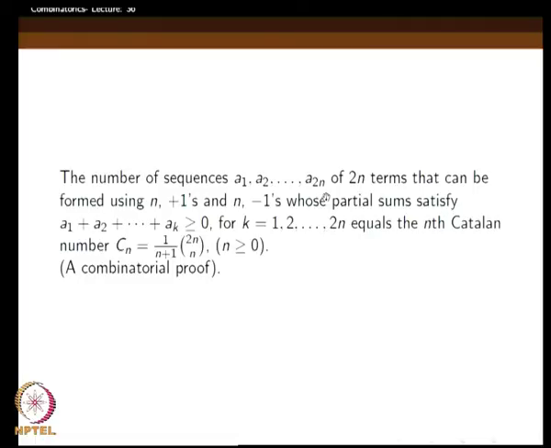You just try to come up with the recurrence relation. If it happens to be the same recurrence relation as in the previous problem with the same initial conditions, namely the 0th value being 1, then the nth term will be the nth Catalan number. So, we will see some examples which will show how differently things can appear, and then the same Catalan numbers can be the answer for those questions. In the next class, we will consider this.